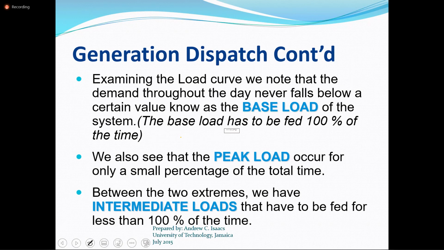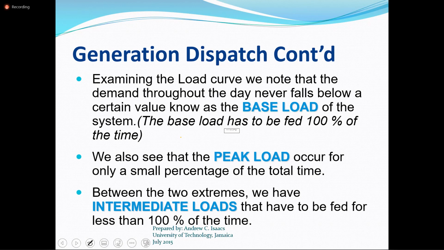What we showed earlier, it would have been about 350 for the last one, for what we showed with the load demand curves, right? So your base load, the value never falls below this level. And it is fed 100% of the time.